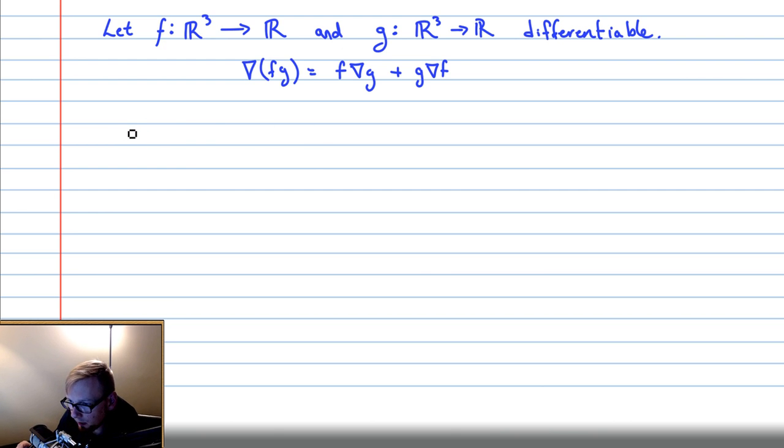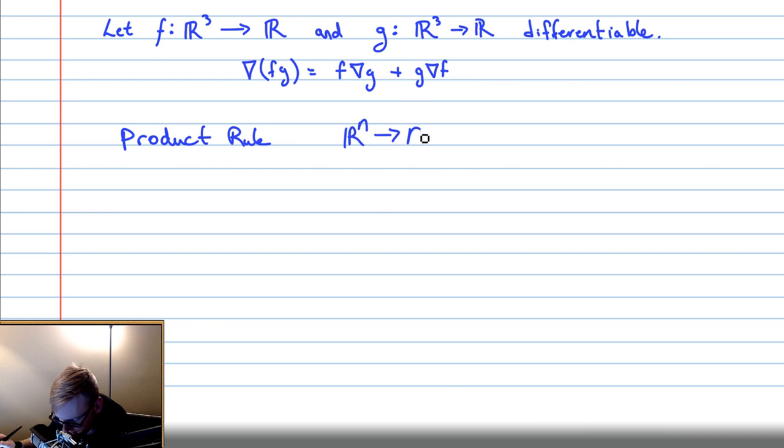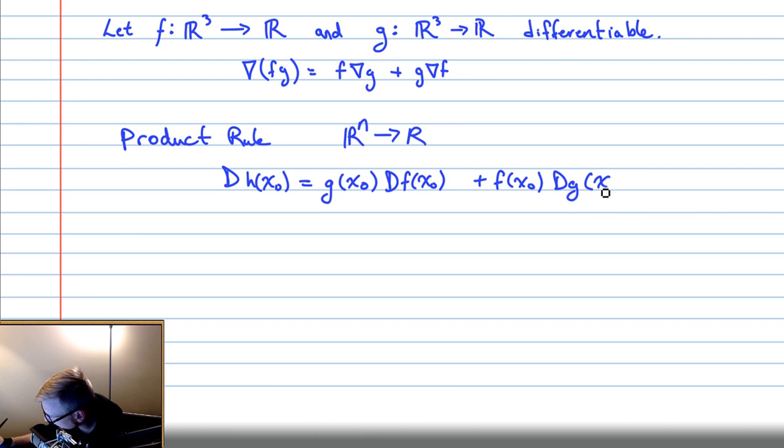So product rule states, using Rn to R, and they have d h of x0 equal to g of x0 d of f of x0 plus f of x0 d times g of x0. This is a 1 by n matrix on both sides.